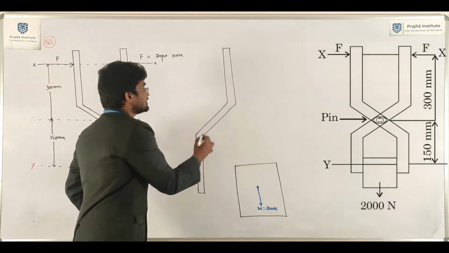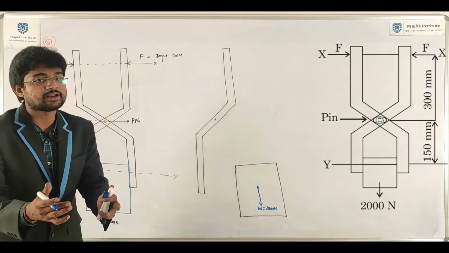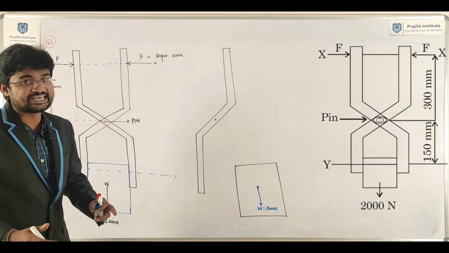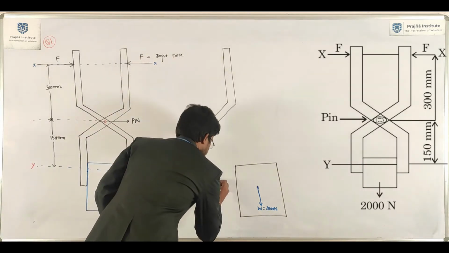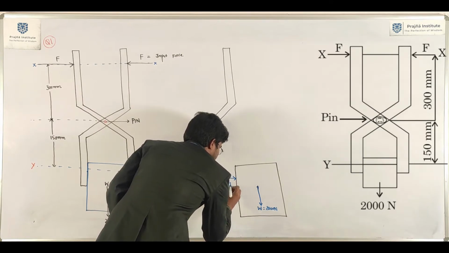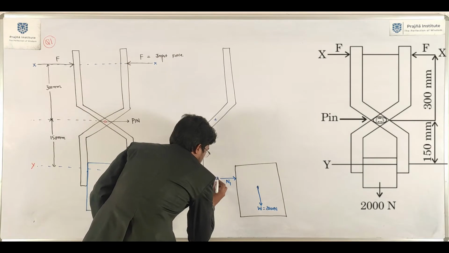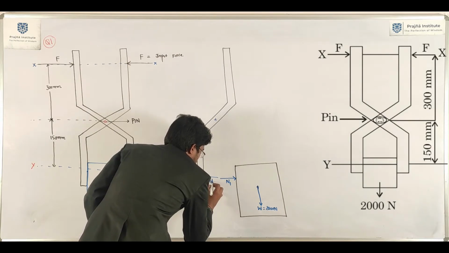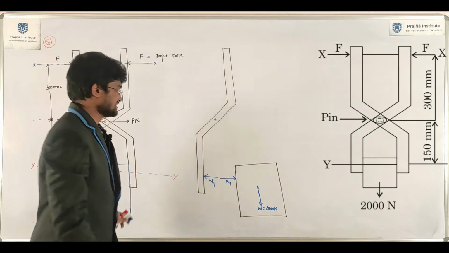At every contact surface, two normal reactions will be acting, both equal in magnitude and unlike in nature. This is contact surface 1. Here, normal reaction N1 is acting on the block, and another normal reaction acts on the gripper. One more contact surface is this.